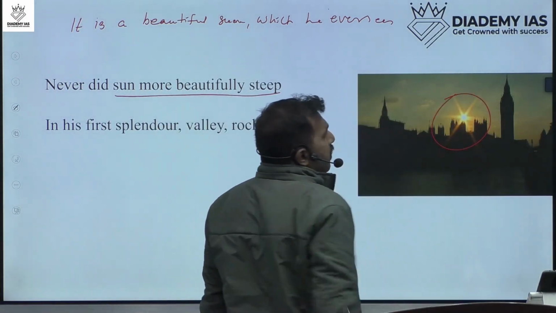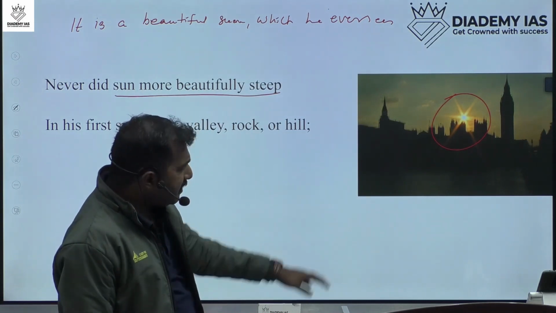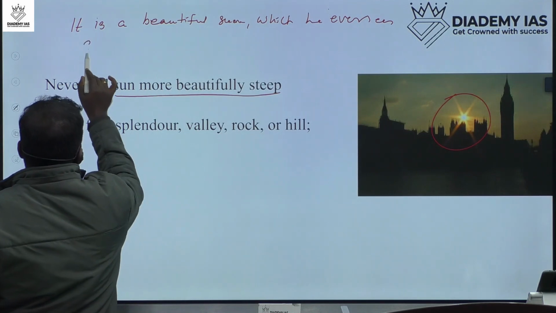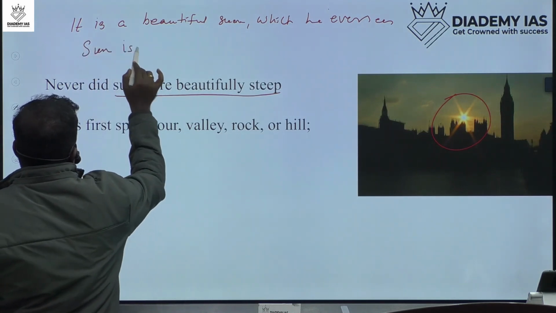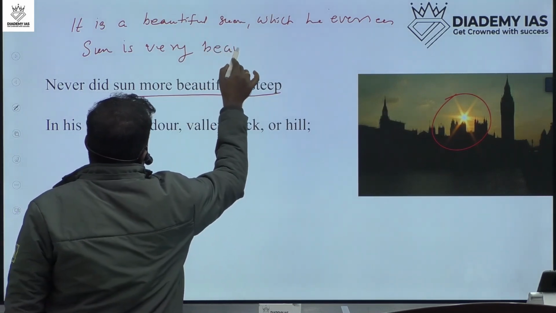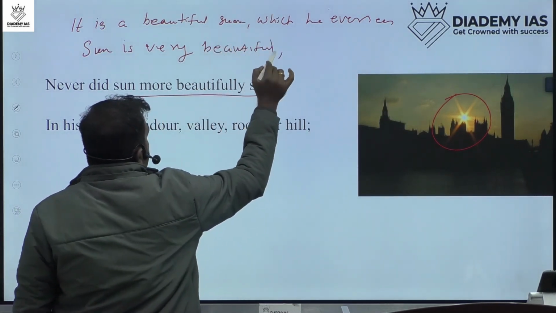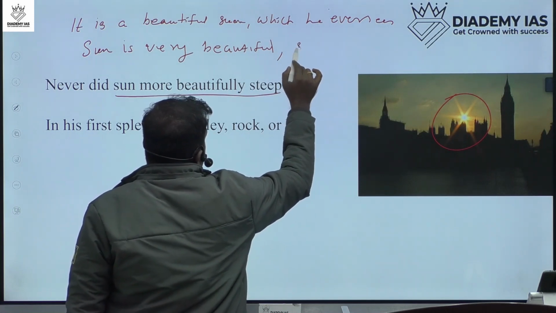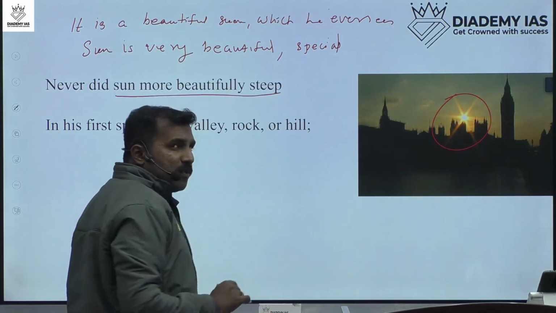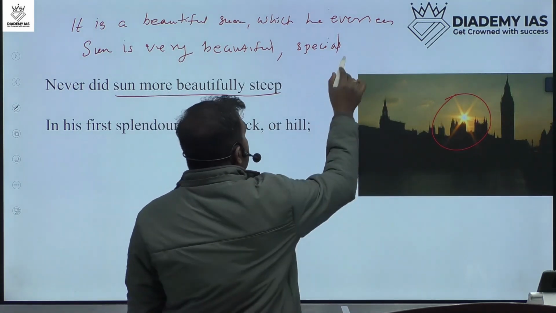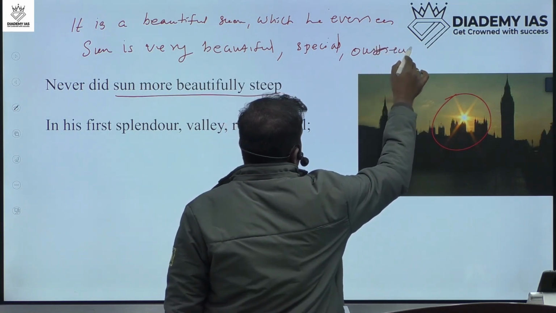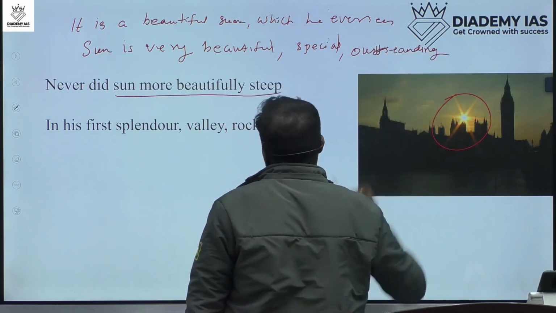So here, in this view, the poet says that the beauty of the sun is very beautiful. Okay. And according to Wordsworth, today's sun, the presence of the sun, is special and outstanding. Okay.